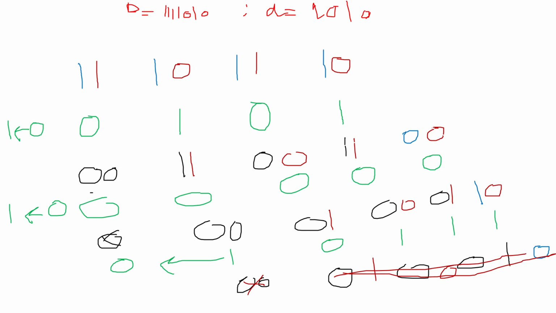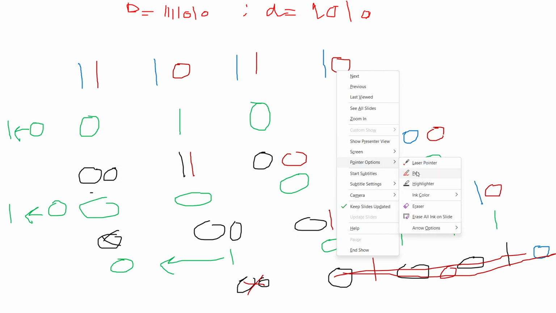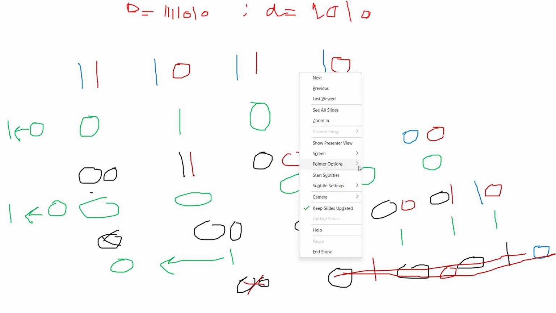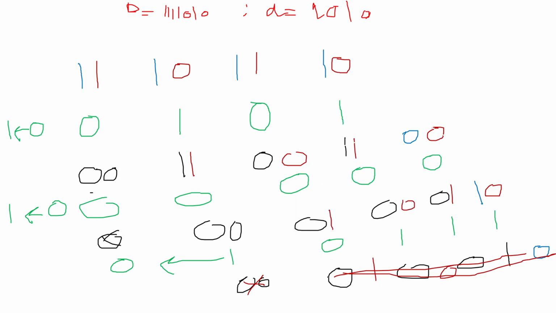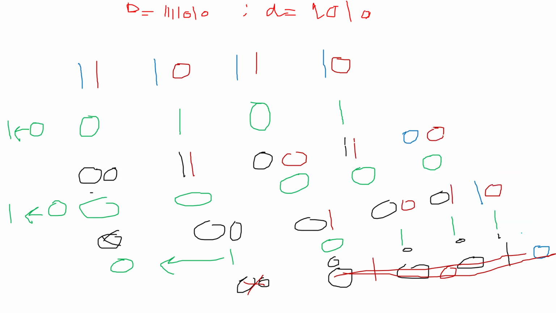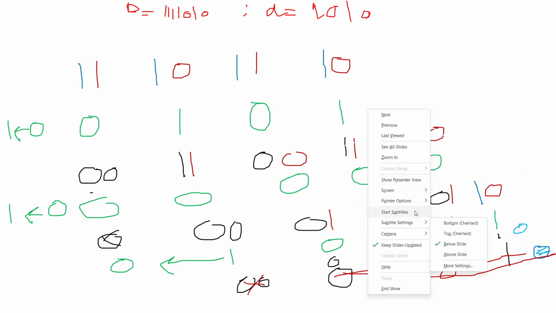This row will be 0, 0, 0 and 1, and we have this 0. I'll plug it here only. And then we will write down the divisor.